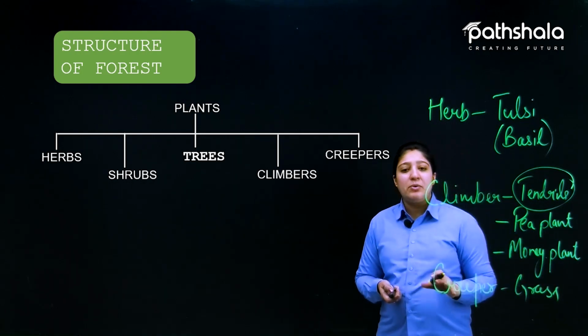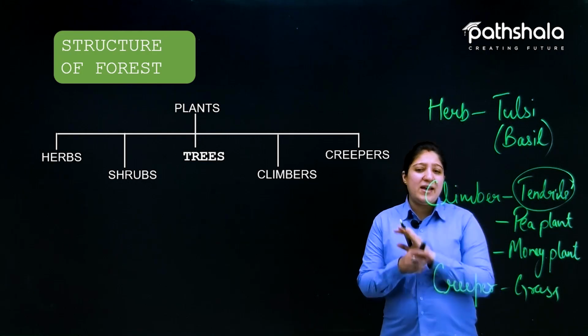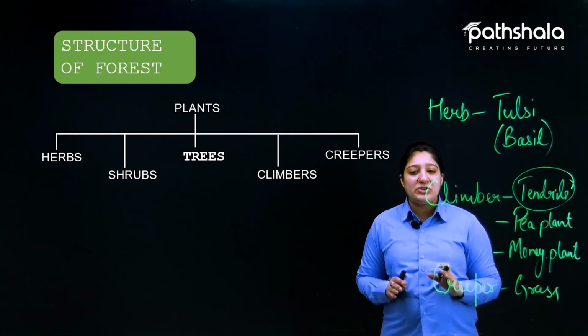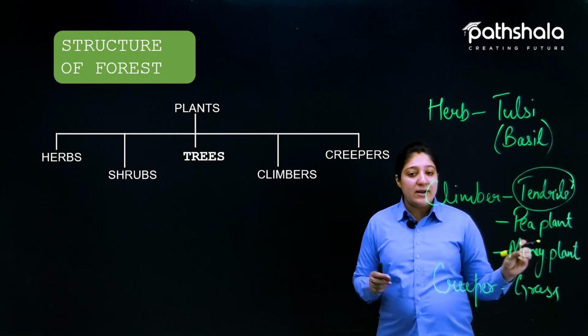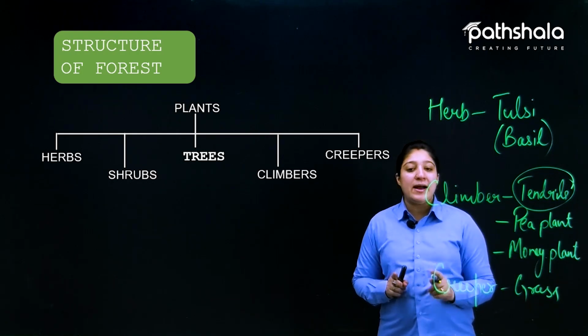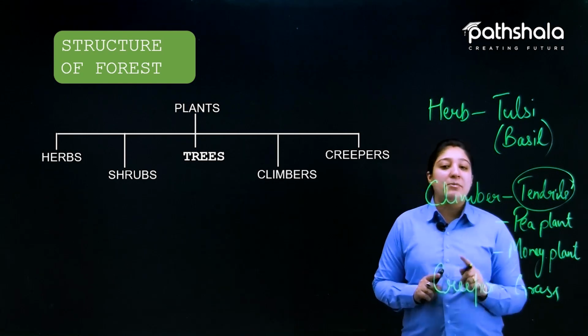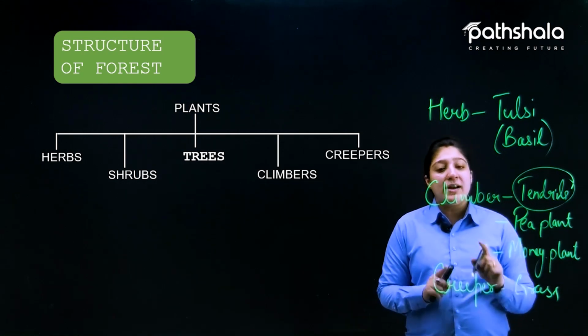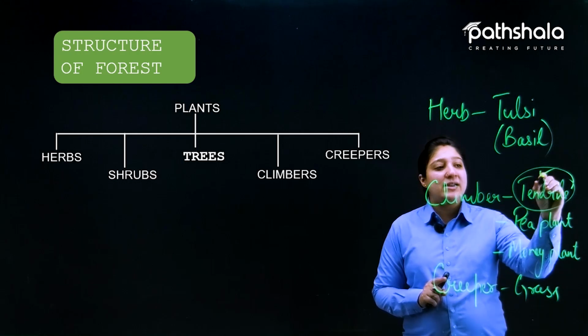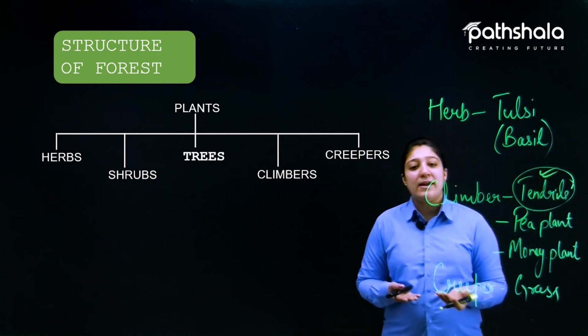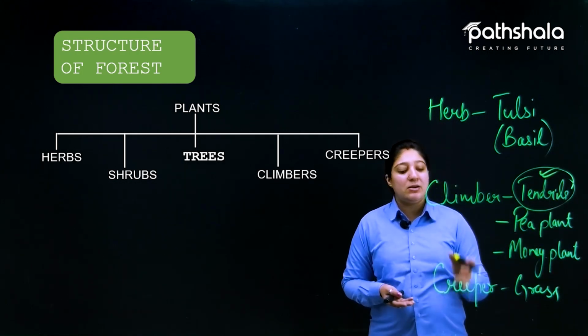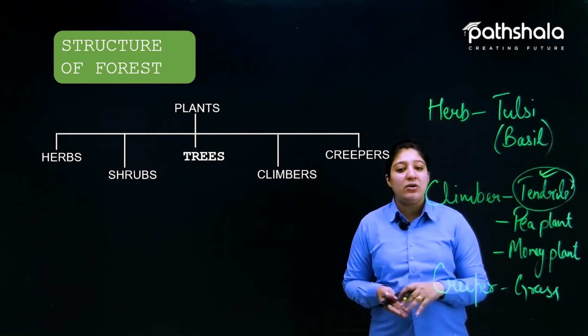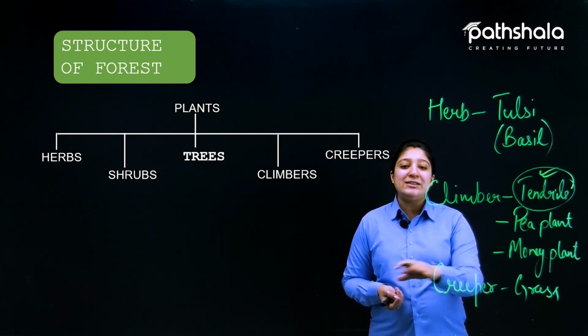They have a weak, very soft stem, and as they grow in height, they surely grow in height, but because they have the weak stem, they are not able to stand properly, and they also don't have these tendril structures to get the support to climb on other things, so they just creep on the ground, or we can say they just spread on the ground.